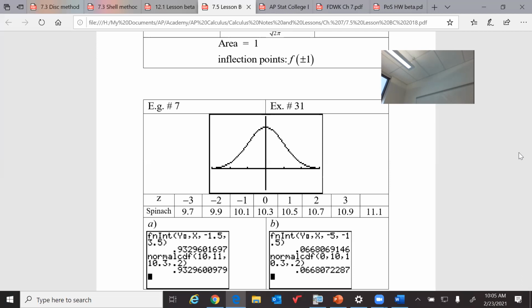200. Why? Because 3 steps right and left of the curve captures 99.7% of the data points. That means there's only 3 out of 1,000 people missing. There's no point in chasing after the 3 out of 1,000.